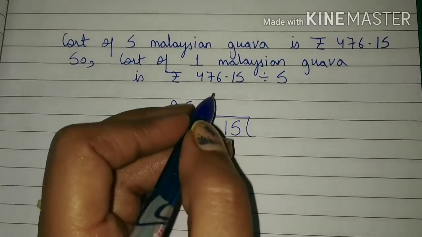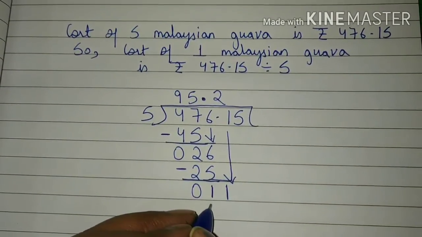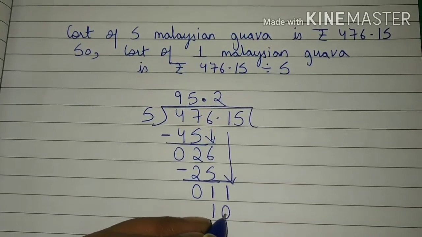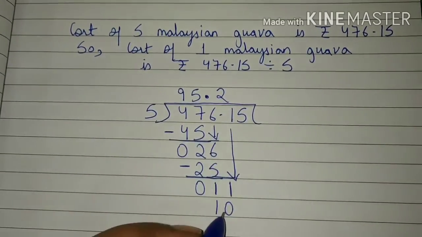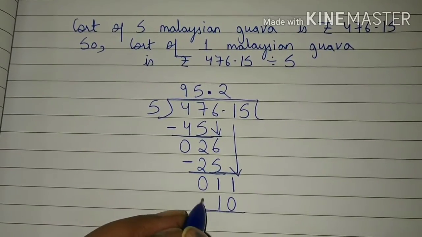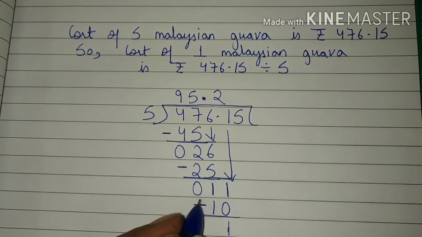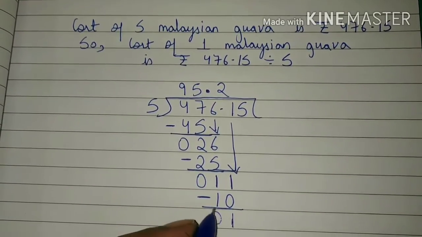So 5 2 ja 10. So we will write 2 here and then 10 here, because 5 2 ja 10. Now students, we will subtract these two numbers. 1 minus 0 is 1. 1 minus 1 is 0.